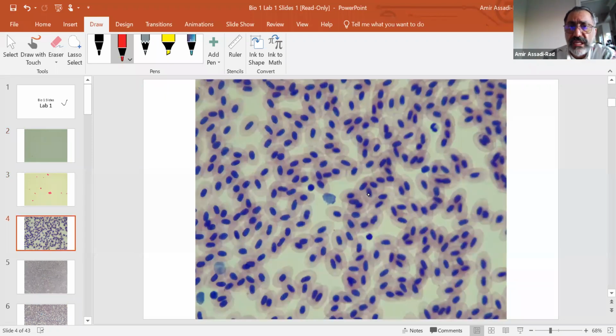Okay, this is a slide of frog blood. I see a lot of frog red blood cells, and here we go, that's a frog white blood cell right there. Everything else is red blood cells, but that's the only white blood cell I see. If you refer to your lab manual, there are three components you have to know.